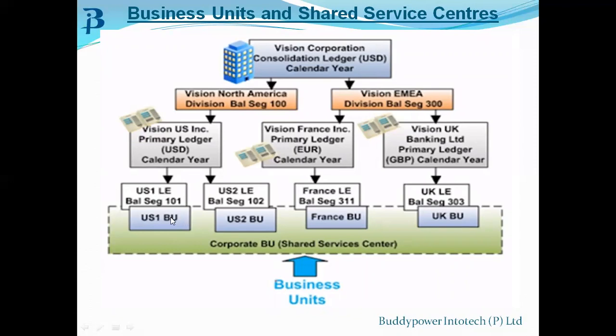Whereas in EBS, business units were referred to as operating units, which used to perform all the functions of the business. So the Oracle Fusion application blended both these modules of EBS as well as PeopleSoft, and allowed companies to define a business unit with one or many business functions.